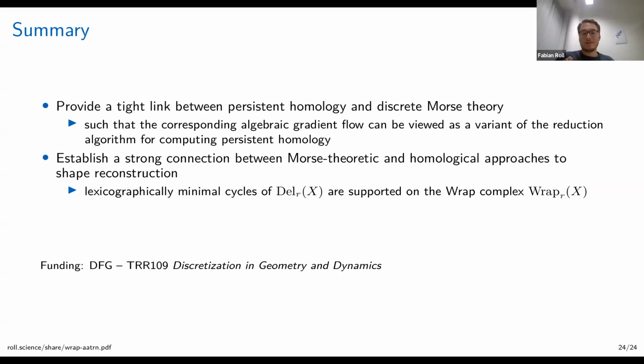First, I haven't tried any other filtrations because the Delaunay filtration fits nicely with this language of discrete Morse theory. But there is work of Cohen-Steiner and co-authors. It's related to both, but it's more like a Čech filtration, and they're using Čech and lexicographically minimal cycles there. In their work, they also argue that this works nicely, and it's still an open question to relate this to what we are doing.